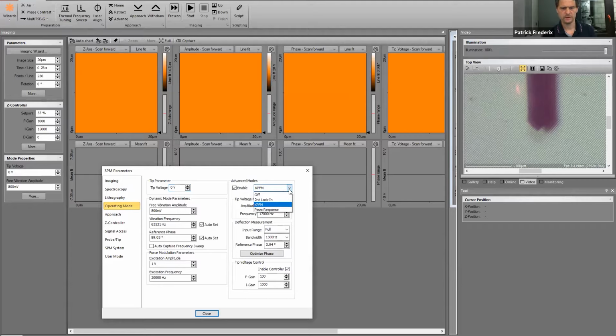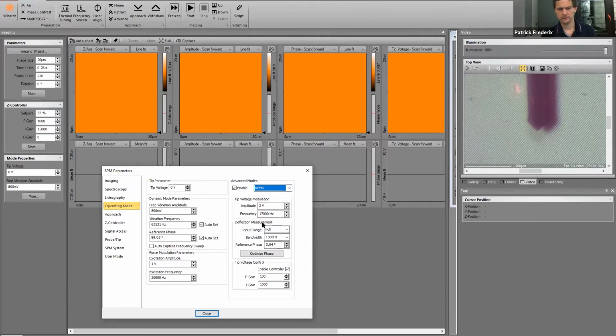There is KPFM in. You can also just have the second lock-in activated for other experiments, or a PFM response, the piezo response microscopy. So we are talking about KPFM today, so it's on KPFM. I have the amplitude and the frequency of my oscillation, so the frequency chosen well below the resonance frequency of the cantilever.